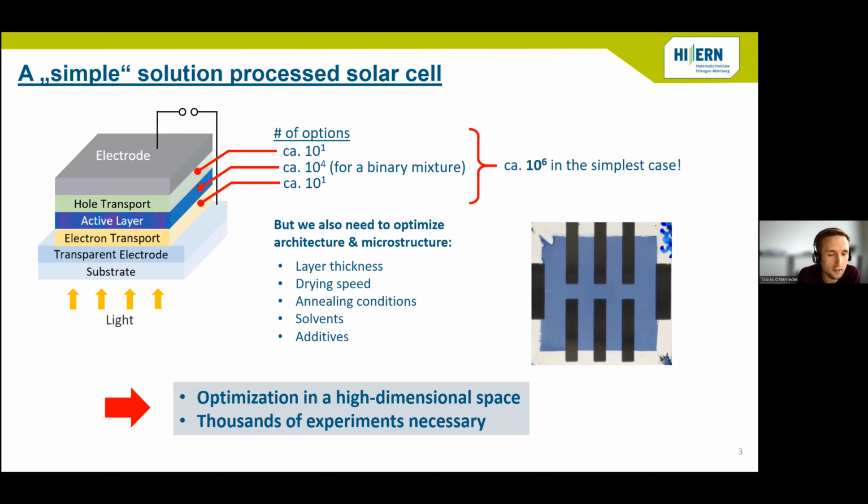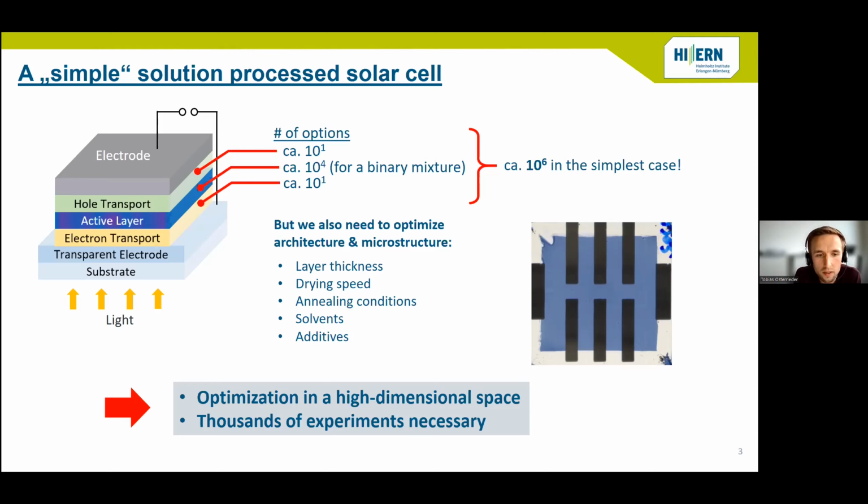But of course, that is not all. We also need to optimize the different layers. And again, for those, we have a lot of parameters which we can choose from. For example, we can influence the layer thickness of our layers. We can use different annealing conditions, or we can change the solvent or add some additives.